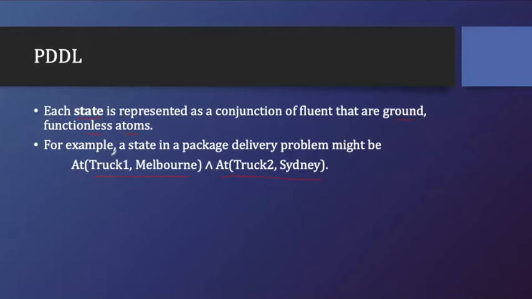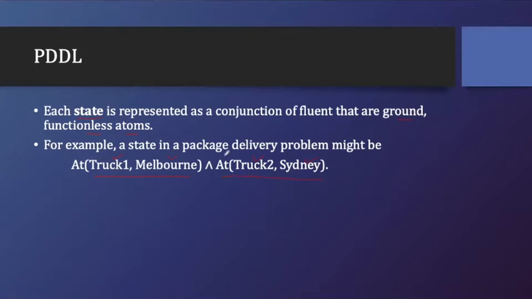And these are the variables, right? So Truck1, or not the variable, you can see this is the constant. So Truck1 is there, which is in Melbourne, and Truck2 is there, which is in Sydney. So here, when I say ground functionless atom, it means there will be no variable and all are constant values.